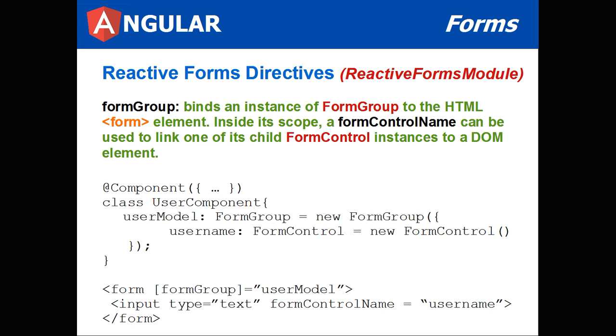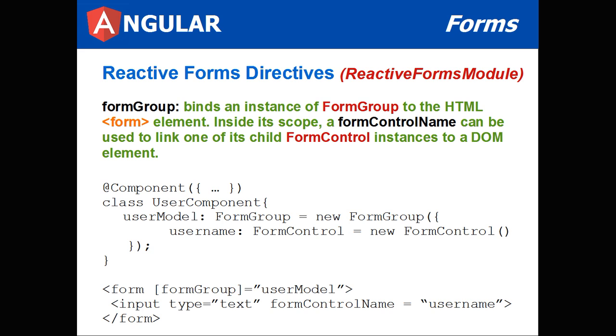For example, a form group binds an instance of forms group to the HTML form element. Inside its scope, a form control name can be used to link one of its child form control instances to a DOM element. So for example, suppose we had a component called user component, and in that user component we had a user model.